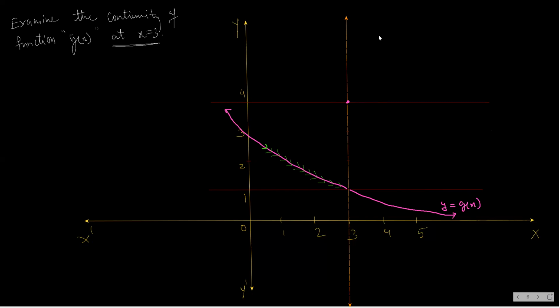If you draw perpendiculars from each point on the x-axis, you will notice that the value of x is increasing and the value of x is approaching what? It is approaching 3, right?